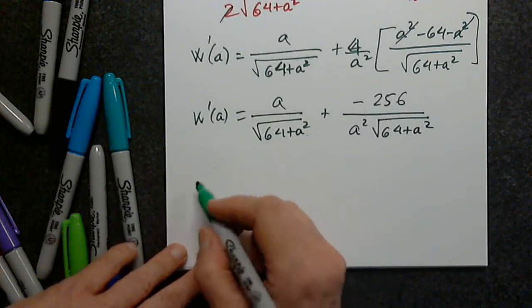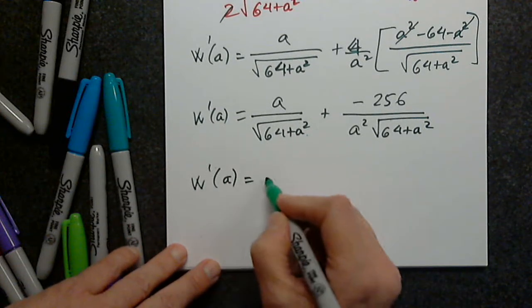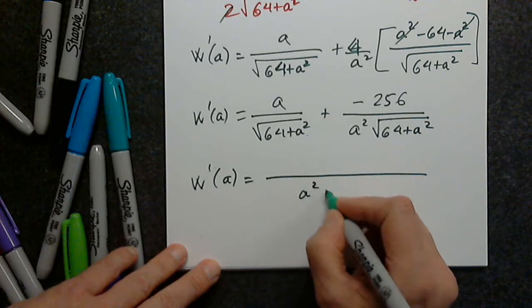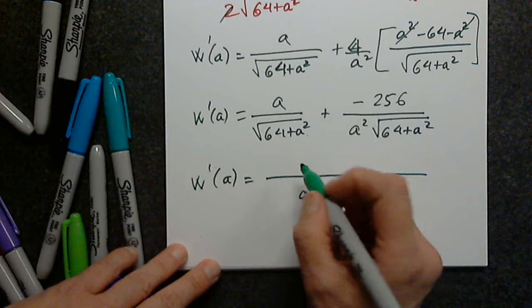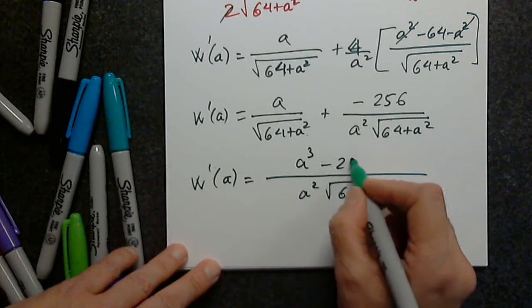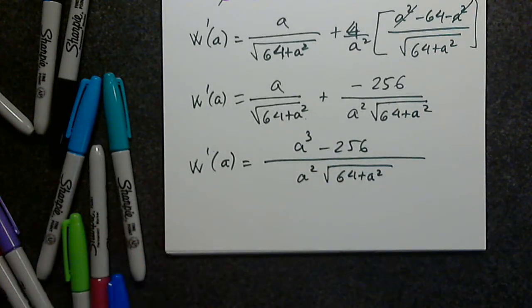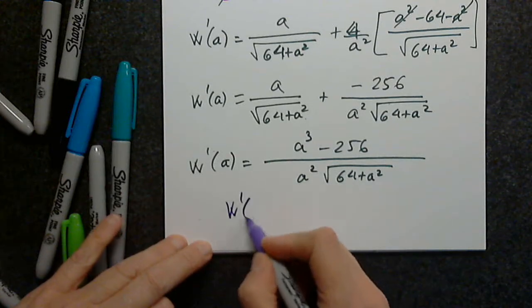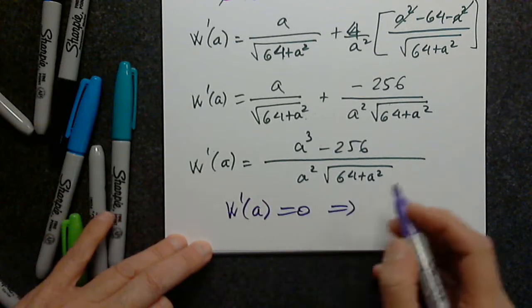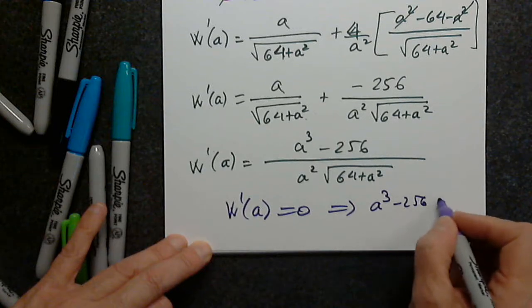Okay, not too bad at all. I would not have expected this though. When I set it equal to 0, what can happen? The only thing that can happen is a cubed minus 256 equals 0.